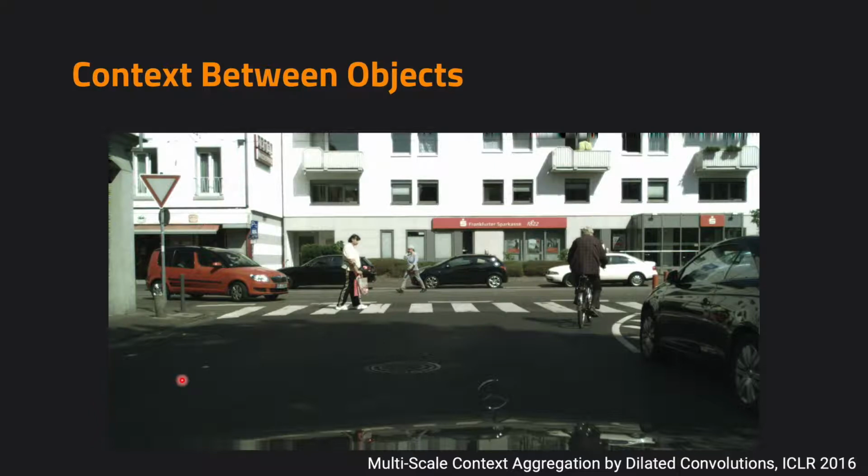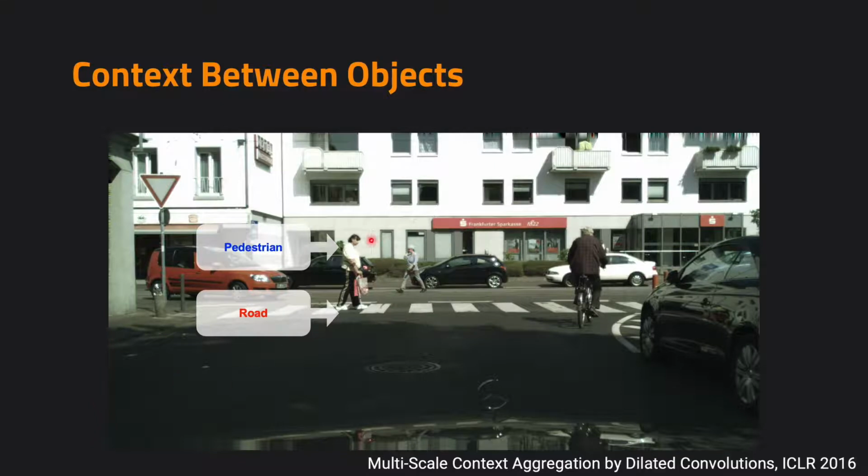Here is an illustration. If we want to classify this pixel as a pixel on a pedestrian, then we need to know not only that this pixel looks like a person, but also that this person is walking on the road.